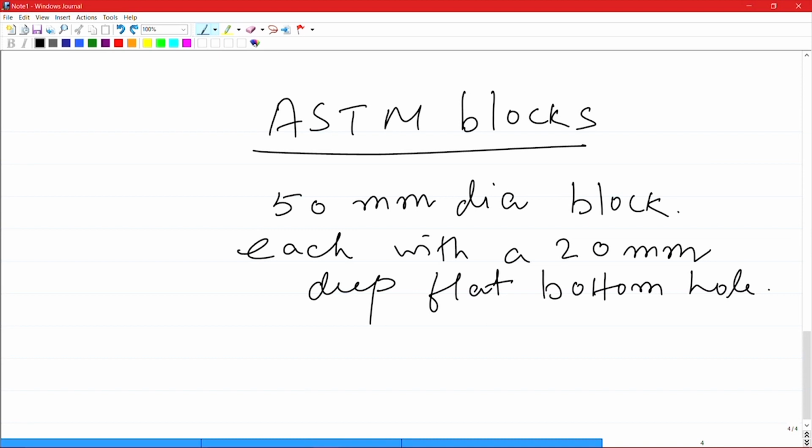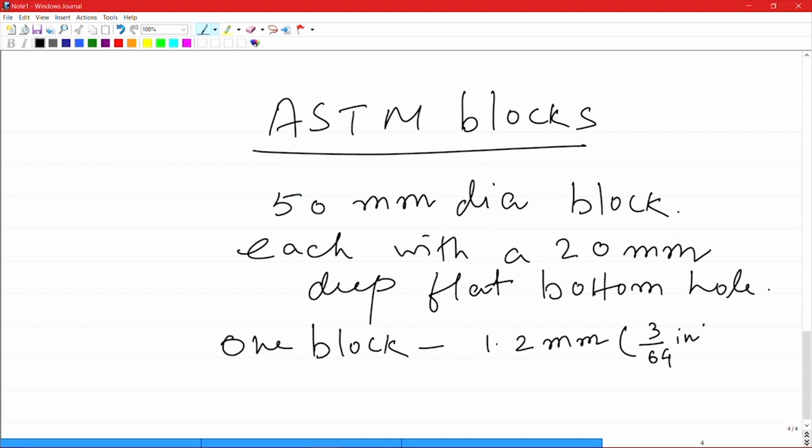Okay. So, this is primarily a set of 10 blocks which can be combined into different distances and different areas to calibrate either distance or area. And out of these 10 blocks, one block is like this. It has a 20 mm deep flat bottom hole with a diameter of 1.2 mm, or 3 by 64 inches.